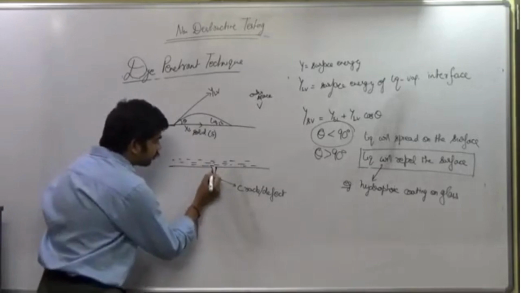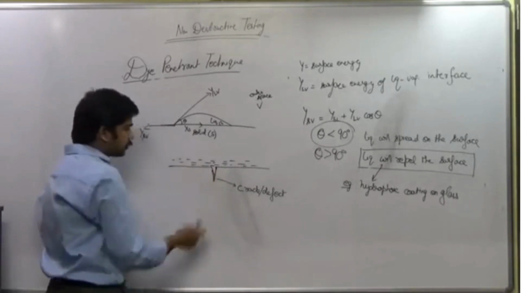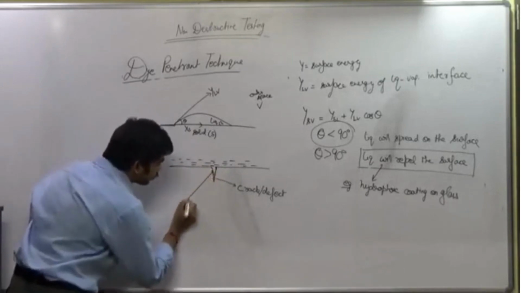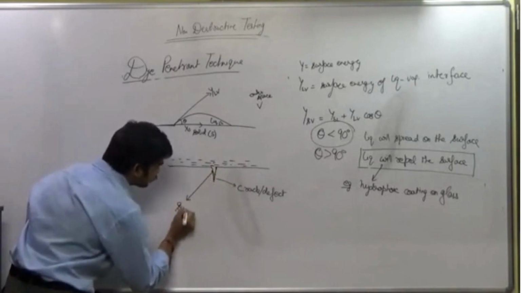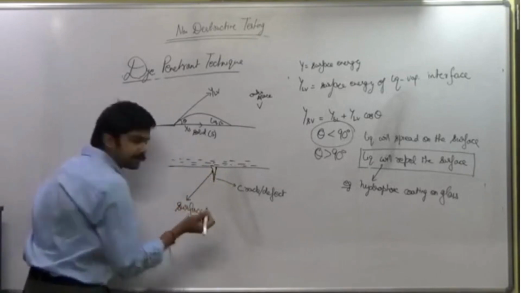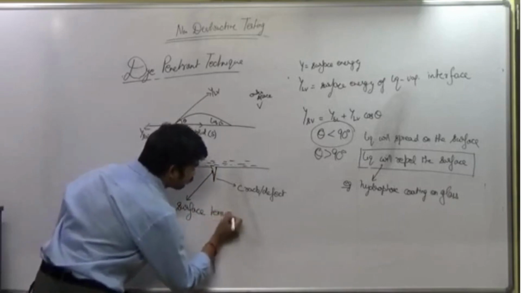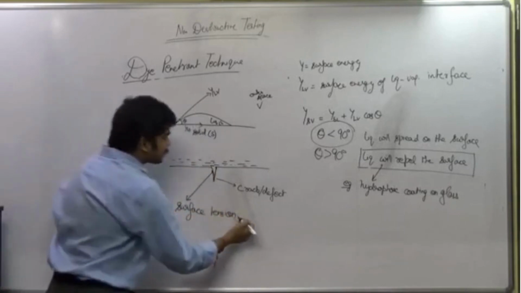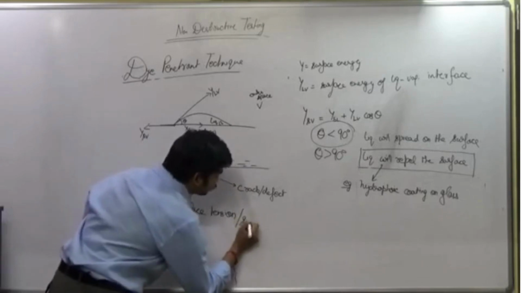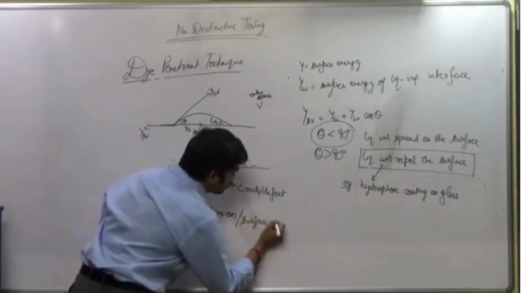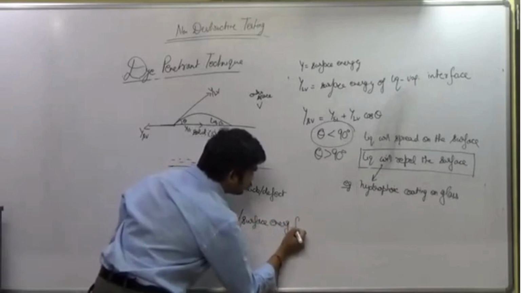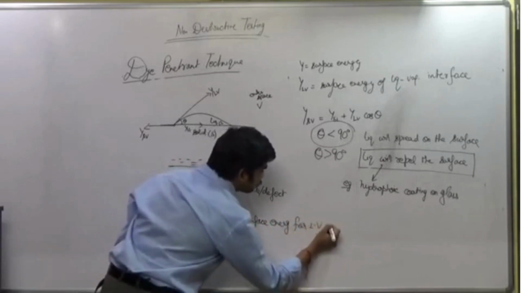The name of that downward force is surface tension, which you have already studied in your plus 2 level. And surface tension is nothing but your surface energy, the surface energy for this liquid vapor interface.